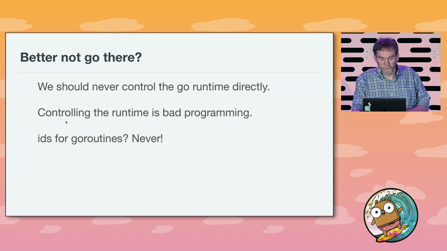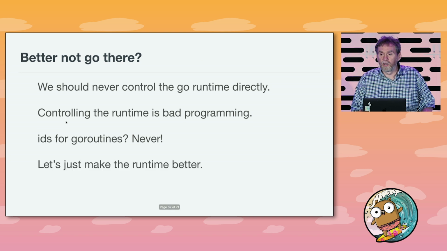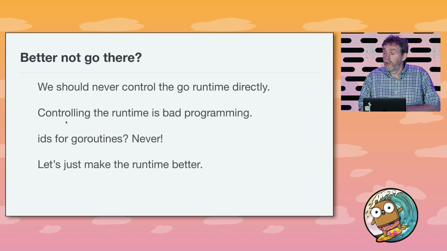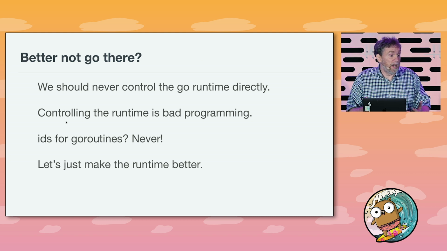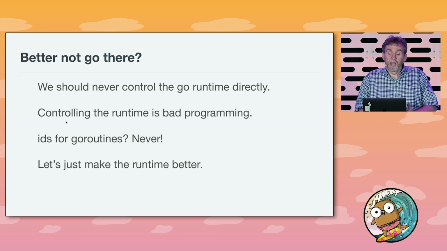Let's move on. And somebody else might think, look, let's just make the runtime better. All well and good to kind of do some tricky things while a program is running, but what we really want is to make the program run faster. How should we make the program run faster? Well, we all work together and we make the runtime better.